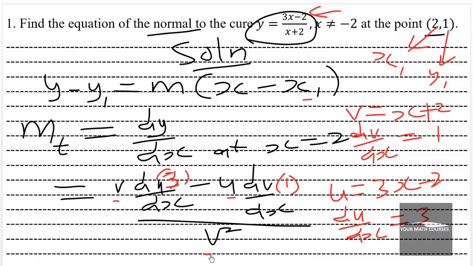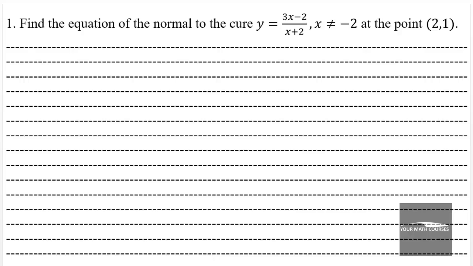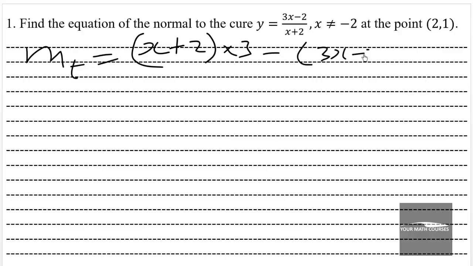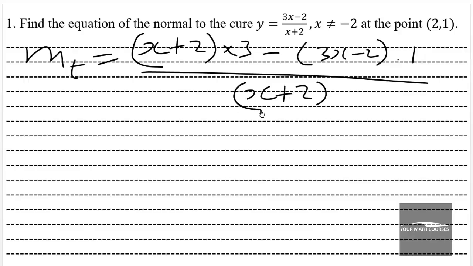So we are going to get v, which is x plus 2, times 3, minus u, which is 3x minus 2, times dv/dx, which is 1, all over v squared, which is (x plus 2) all squared.